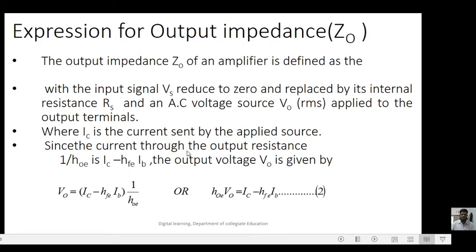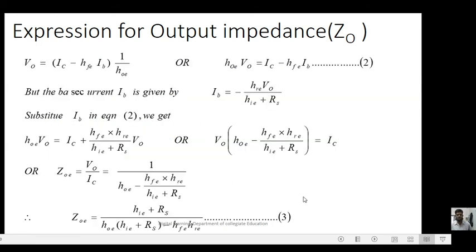Since the current through the output resistance 1 by HOE is IC minus HFE IB, the output voltage V0 is given by V0 equals IC minus HFE IB into 1 by HOE, or HOE V0 equals IC minus HFE IB. This is equation number 2.